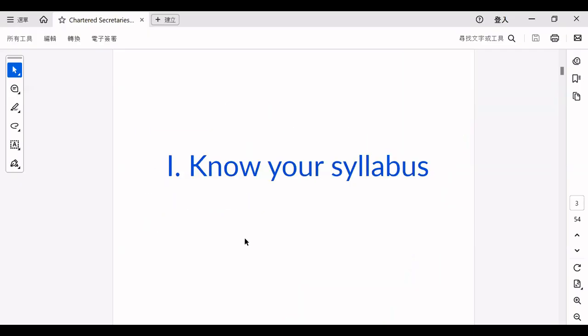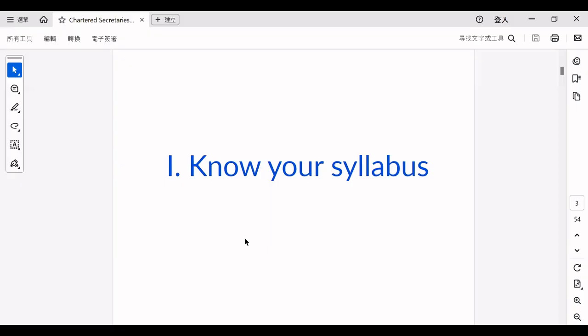So firstly, could I ask if any one of you actually has read your syllabus thoroughly? You need to read the syllabus quite thoroughly. Most of the candidates just flip through the syllabus very casually.